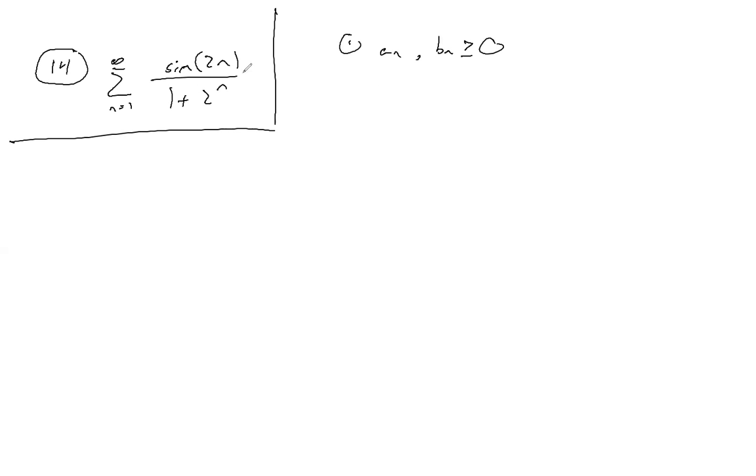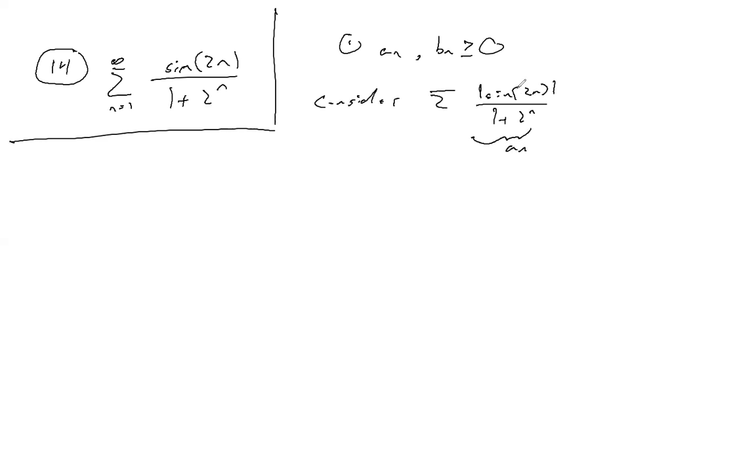Depending on what n is. Okay. So instead of considering this series, I would actually write this. I would say consider the absolute value of sine of 2n. Okay, now, if this is my a_n, what can I compare this to?